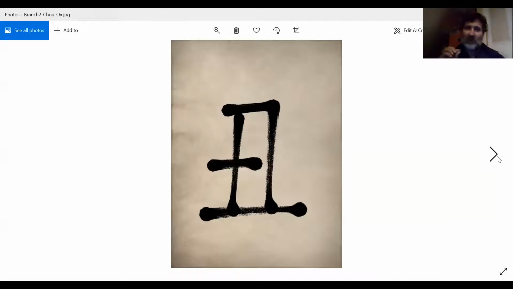So the ox plows through the soil. The native phase is earth, so it is plowing, it's a valley, it's opening up through the earth, drawing water, which is down low, back up to the central hub.